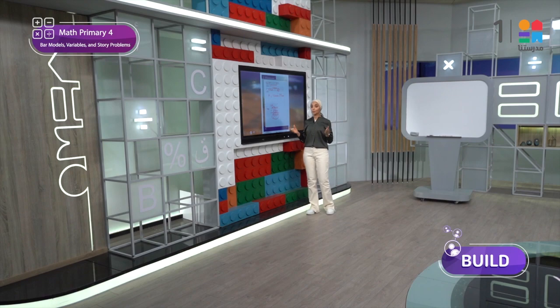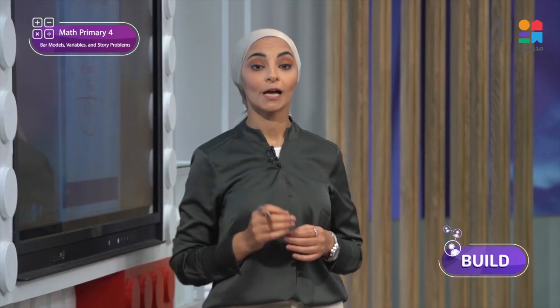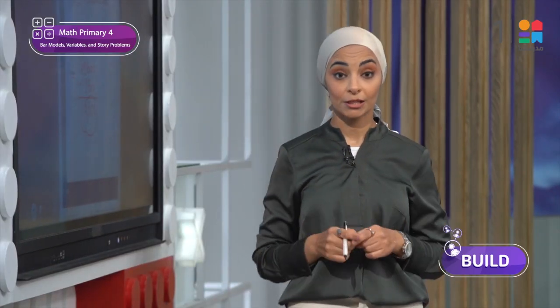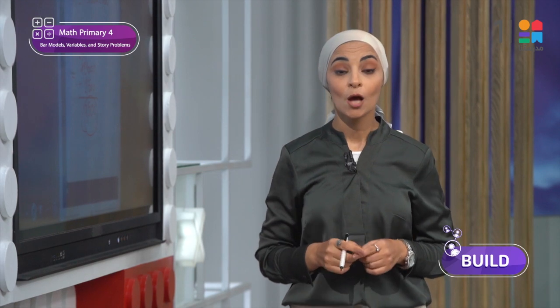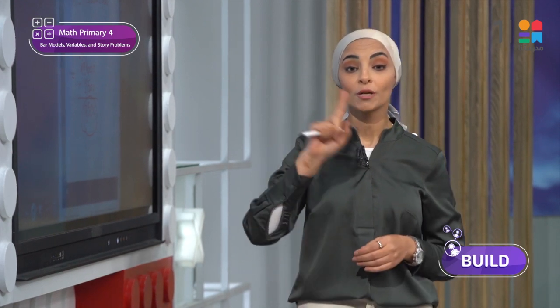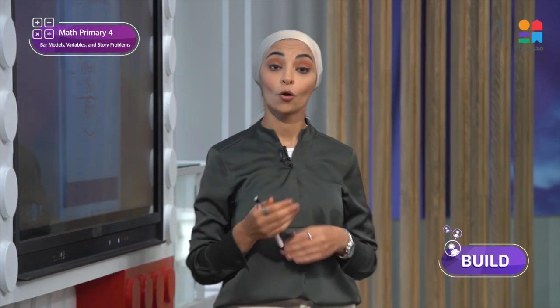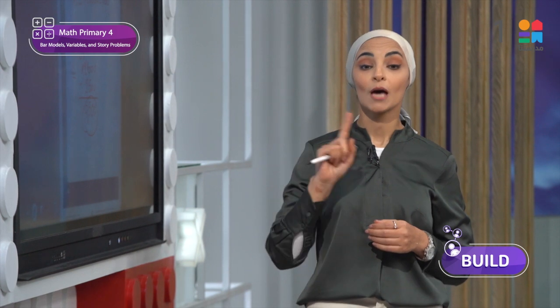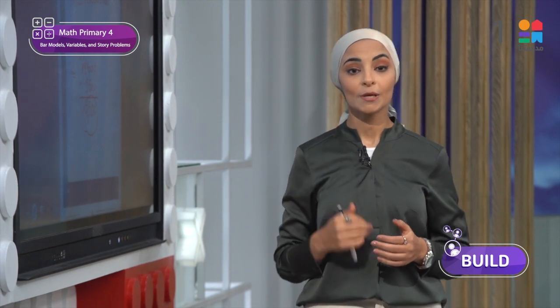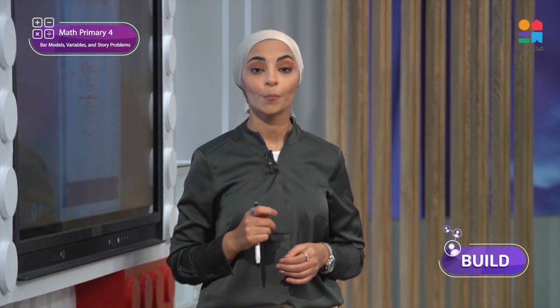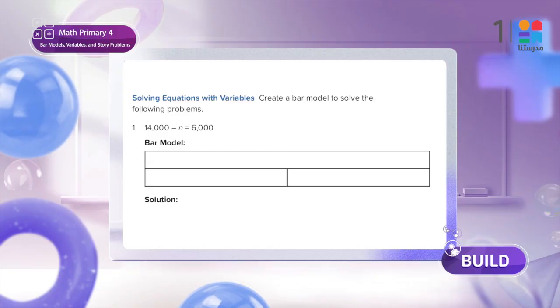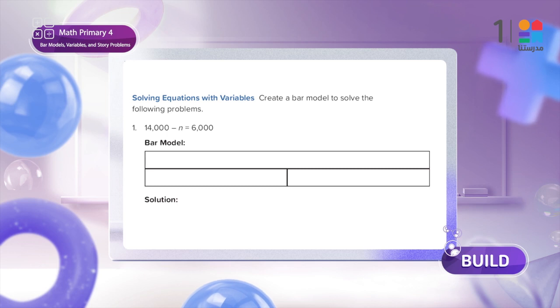After practicing together and learning how to use the bar model strategy in solving story problems, we will find that we don't use variables only in story problems. We can also find equations without story problems, similar to the ones in our book, pages 89 and 90, under the title Solving Equations with Variables.